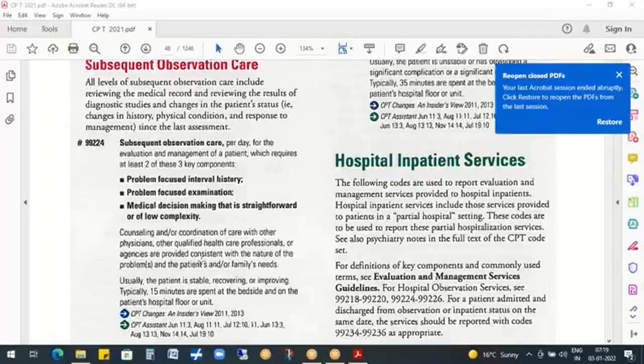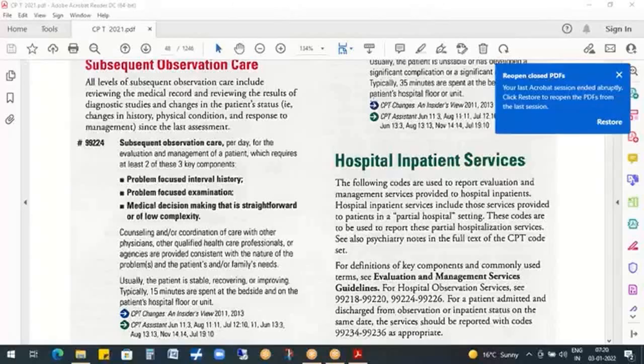Now just write down the first one. Office or outpatient services. In that, first one, new patient: 99202.